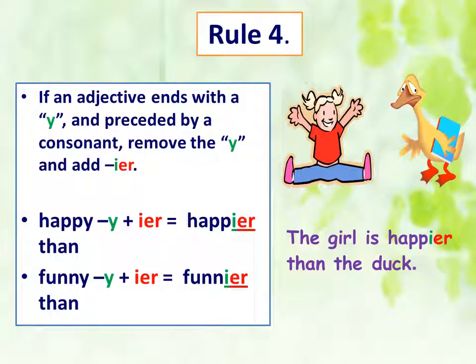So if an adjective ends with a y، يعني كينتهي ب y and preceded by a consonant، what happens؟ We remove y and we add ier. Example: happy. So happy تنتهي ب y قبل منها يوجد consonant p so it becomes happier than، يعني أسعد من.